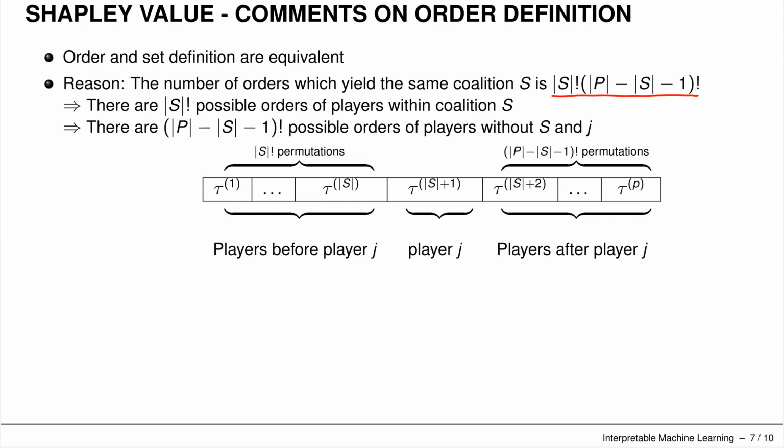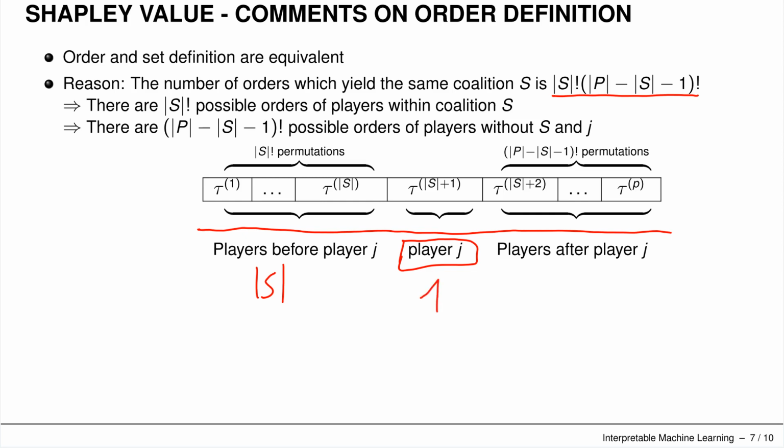So to explain that, order all players, so let's here, down here, put all players in one row, and we have somewhere in between our player of interest J. And now we have the set of players already in a coalition before that player. So to the left, we have the size of S, because all the players in the coalition S are left of the player J. Player J is always only one player. And then to the right, we have all remaining players.